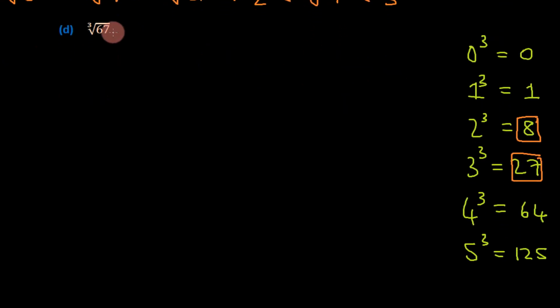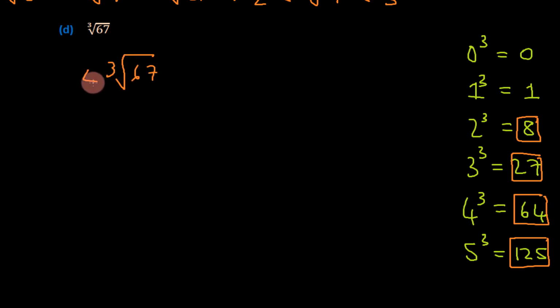Then lastly, we have the cube root of 67. Now, the number 67 lies between these two perfect cubes, 64 and 125. So that means that the cube root of 67 lies between the cube root of 64 and the cube root of 125.